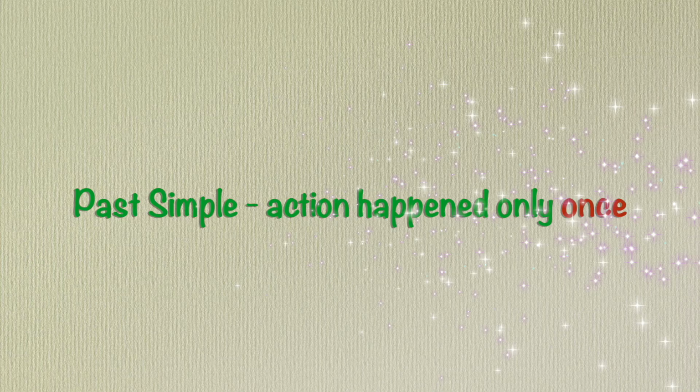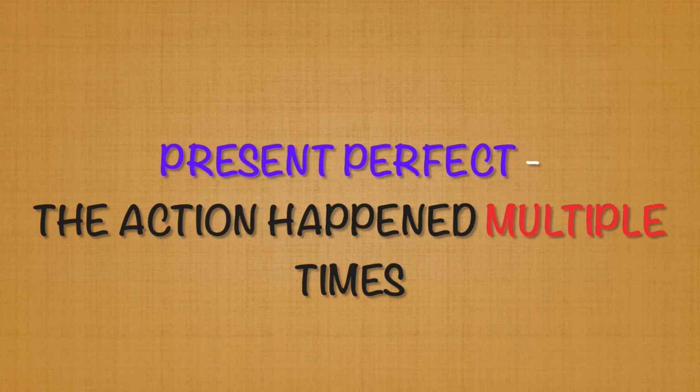Now that we learned the basics about simple past, I would like to one more time stress the difference between simple past and present perfect tense. Simple past means that the action happened only once. It was a short action in the past. Present perfect tense, on the other hand, shows that the action happened multiple times in the past, 2, 3, 4 times, or even more.